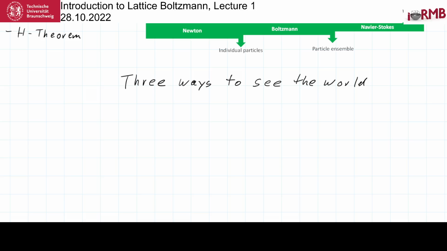The first one is to say there are atoms, so there's an atomistic view, or there are molecules maybe, which is an assembly of atoms, of course.